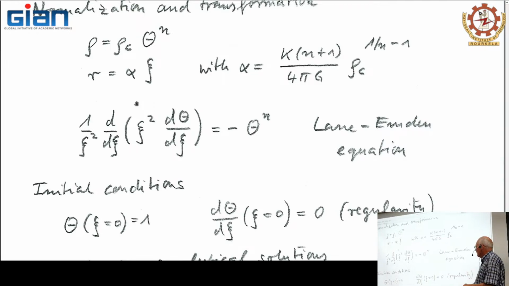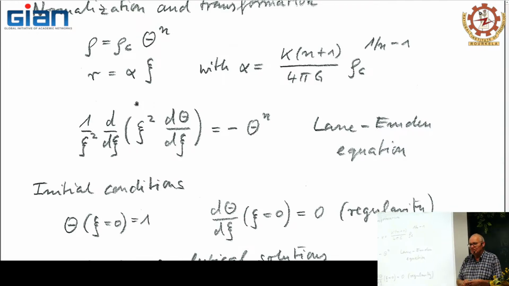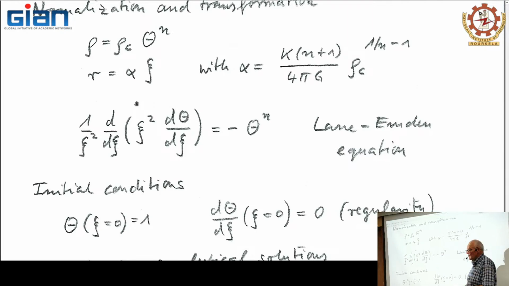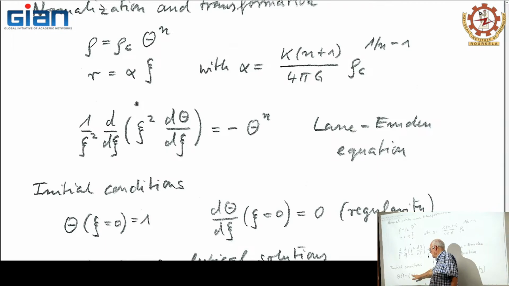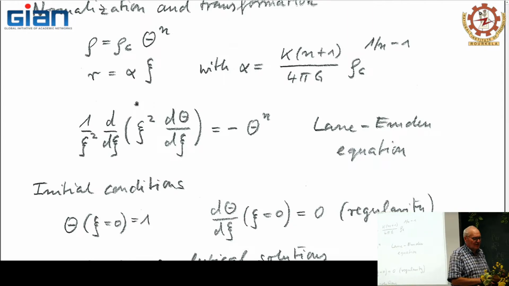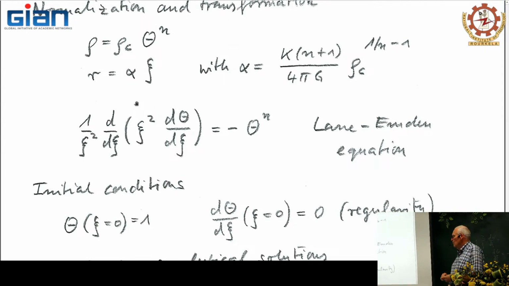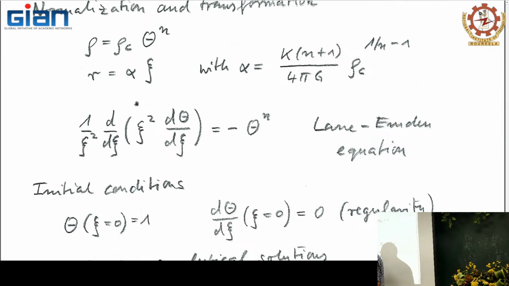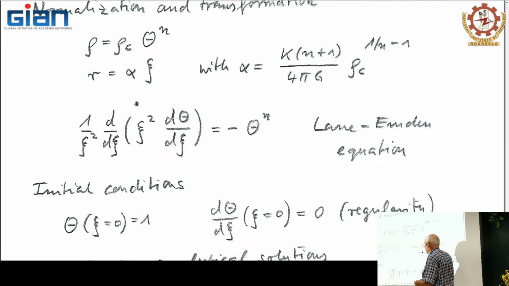So we have two boundary conditions for this second order equation. One is that theta at psi equal to 0 should be unity, and for reasons of regularity, the derivative of the function theta at the center should vanish.